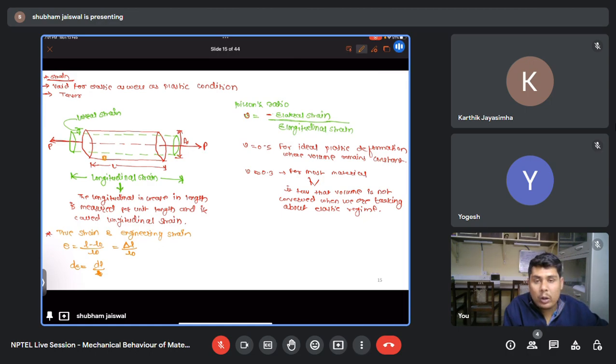Now if I want to calculate the strain for the whole body, what should I do? I should integrate it. Am I correct? Yes, sir. That is, del epsilon is equal to the integral from L naught to L of del L by L. So this comes out to be epsilon equals ln of L upon L naught.